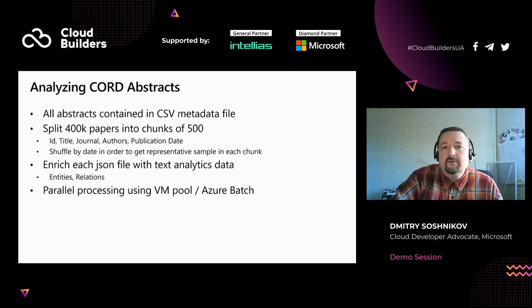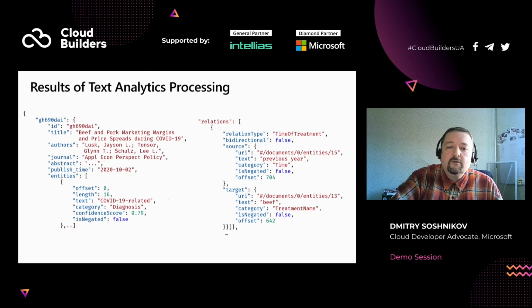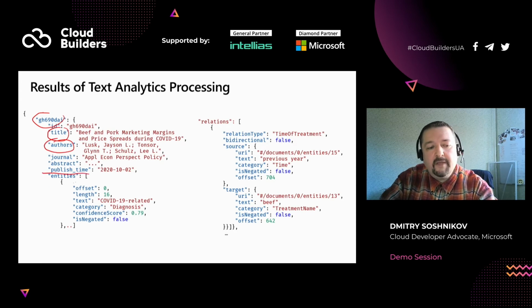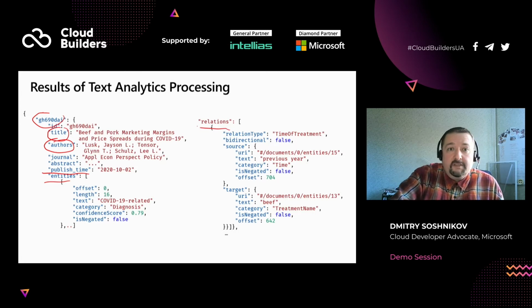So we used 4 virtual machines to process this data in parallel and ended up with JSON information for all papers. This JSON looks like this: the ID of the paper, title, authors, journal, publishing time, and then lists of entities and lists of relations. What to do with this information? How can we query or process it?